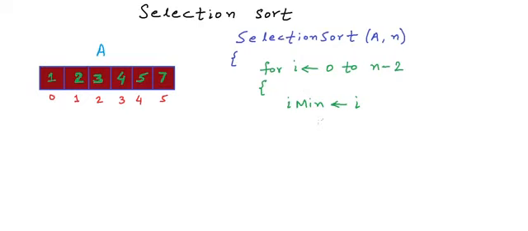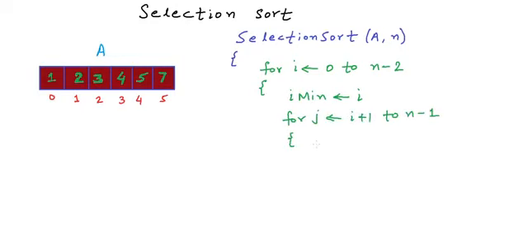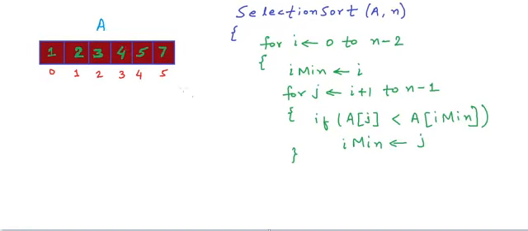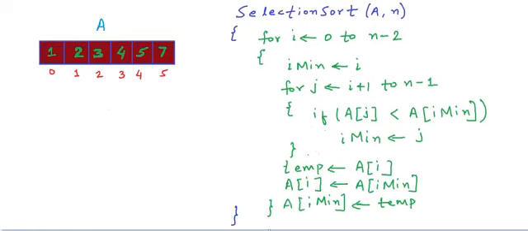So what we can do is, initially we can say that ith element is the minimum element, and then we can run a loop from i plus 1 till n minus 1, and while scanning, if we find any j that is having an element which is lesser than the current minimum, we will update this particular variable iMin, and when we come out of this second for loop, iMin will have the index of the minimum element. Now we will have to swap it with element at ith index. We will do so using a temporary variable, and this is how our function will look like.